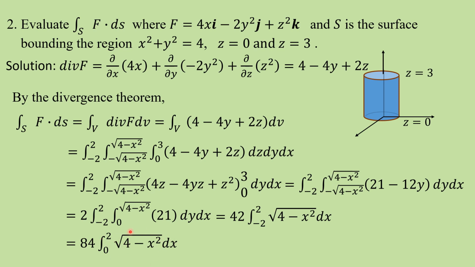So I can substitute x as 2 sin t, which finally gives 4 cos square t, because this gives 2 cos t after simplifying, and this is 2 cos t dt, together 4 cos square t dt, and the limits change to 0 to pi by 2. So this is a standard reduction formula we can apply under the definite integral 0 to pi by 2 of cos power n t. We can use the reduction formula, which gives pi by 4 as the answer. So 4 gets cancelled, pi into 84, so 84 pi is the answer.